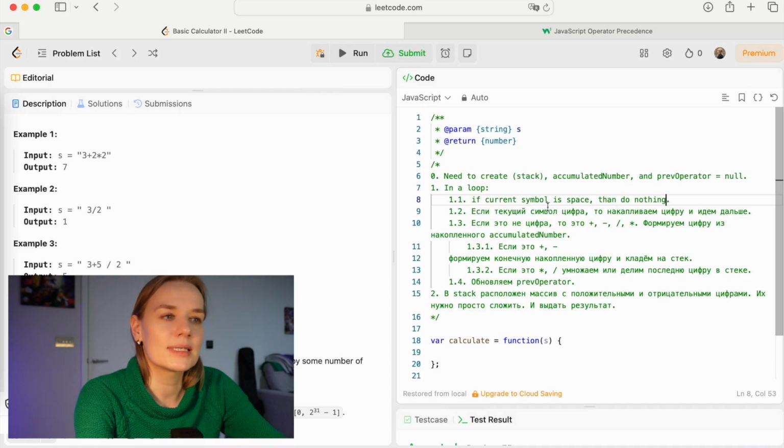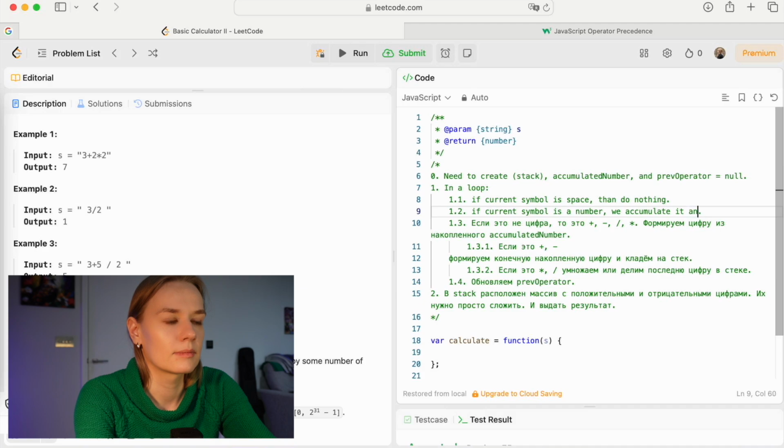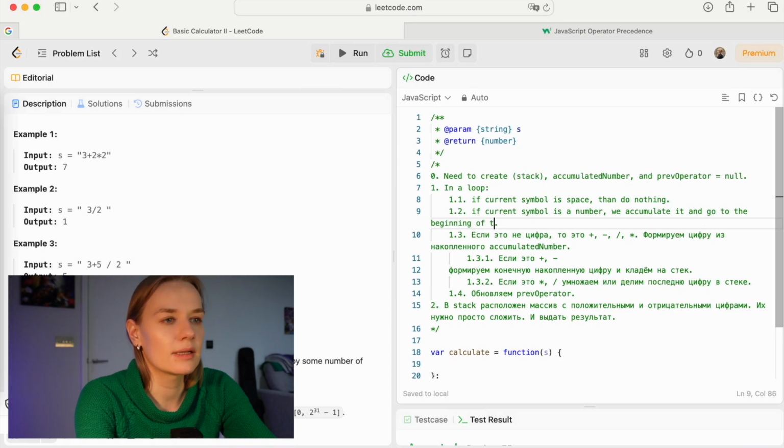If the current symbol is a number, we accumulate it, and go to the beginning of the loop.